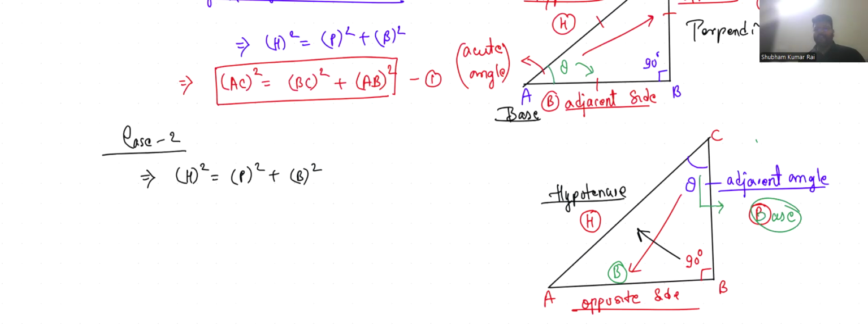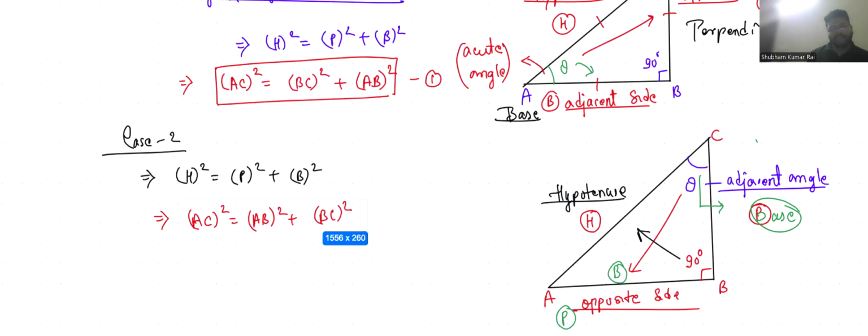And this is the opposite side, so it becomes the perpendicular. So if I apply the formula, AC square is equal to, the perpendicular is now AB, and the base will be BC square. I hope you all have understood this well.